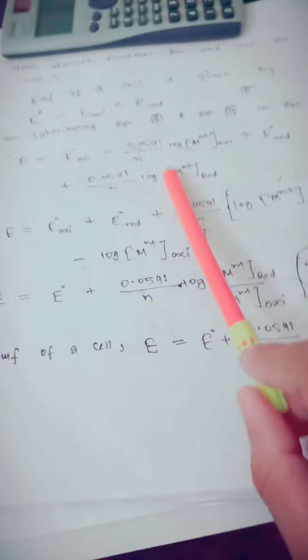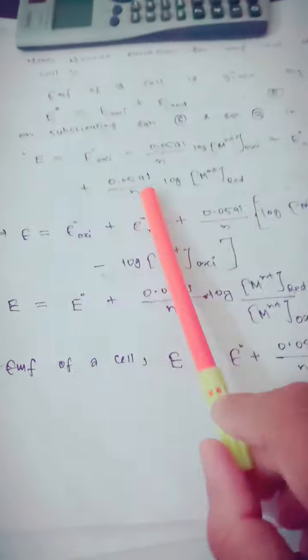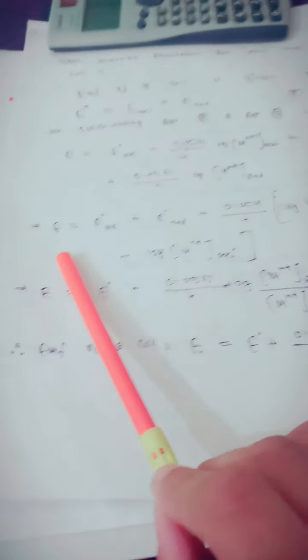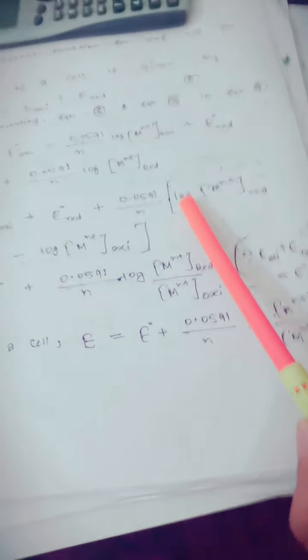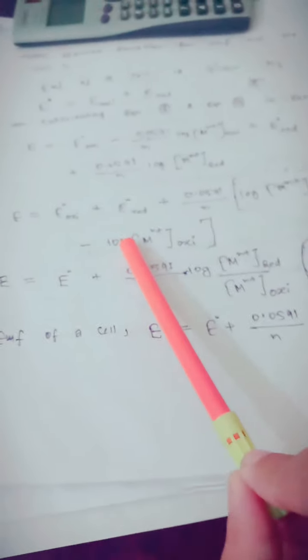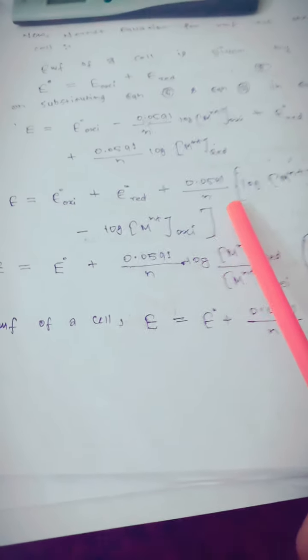So by keeping those values here and adding them, I got this much. E is equal to E naught oxidation plus E naught reduction plus 0.0591 by n into log M power n plus reduction minus log M power n plus base oxidation.